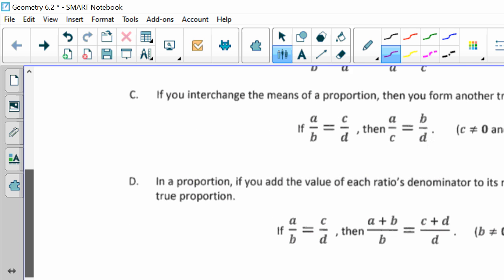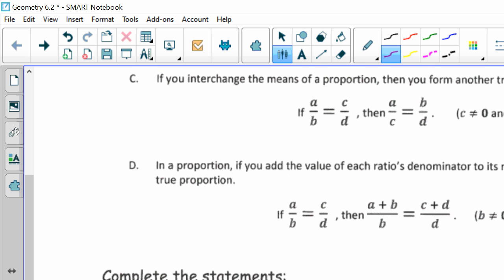And the last property, in a true proportion, if you add the value of each ratio's denominator to its numerator, then you form another true proportion. So if A over B equals C over D, then A plus B over B equals C plus D over D, again, as long as B and D are not equal to 0.